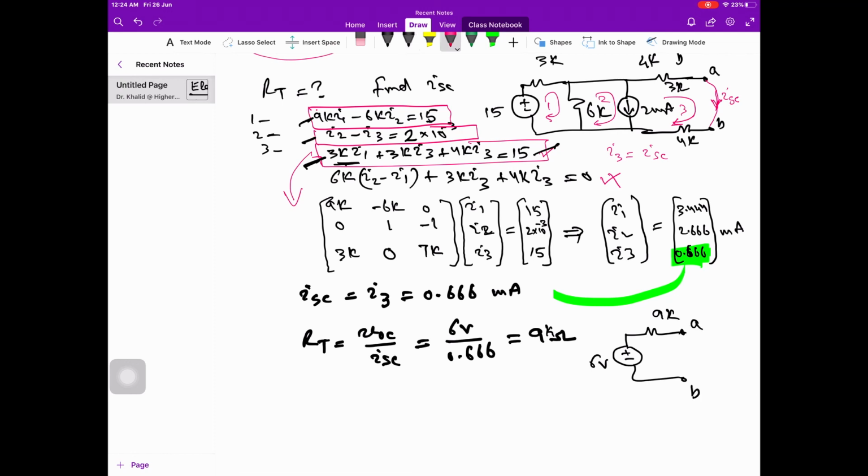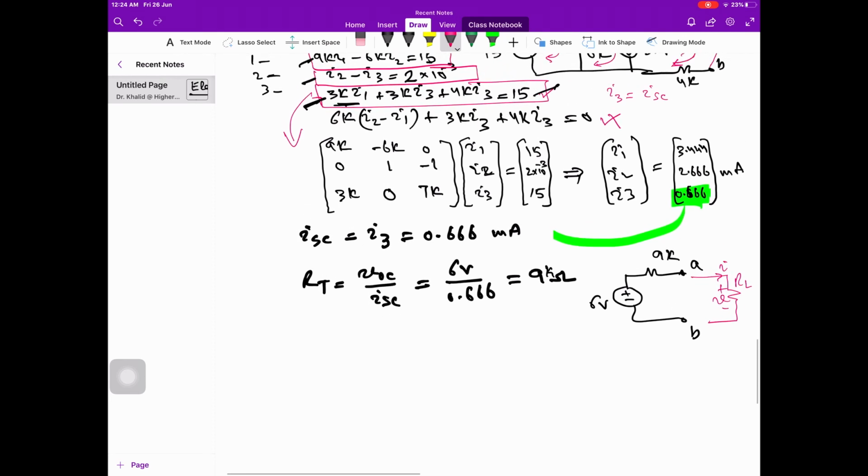Now we can connect any load in order to find the voltage across the load and the current flowing through the load. Note that the Norton equivalent can be found directly from the Thevenin equivalent, if we know the Thevenin equivalent already.